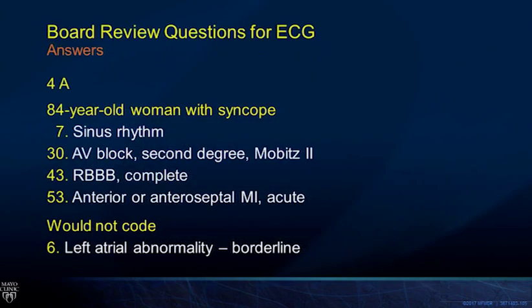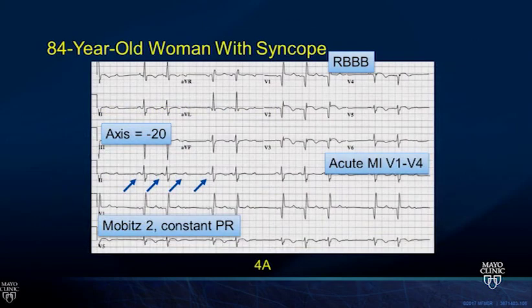Okay, so I read this out as sinus rhythm and second degree type 2 AV block, right bundle branch block complete, anterior or anteroseptal MI, acute, and I probably wouldn't code anything else such as left atrial abnormality or that.